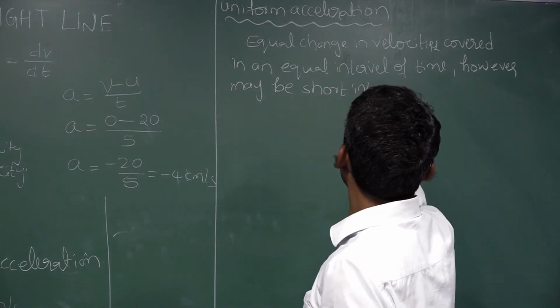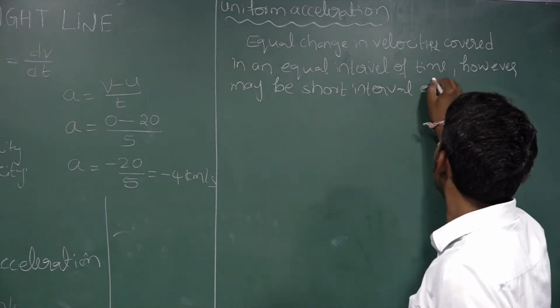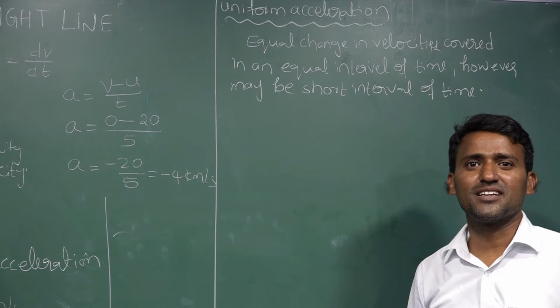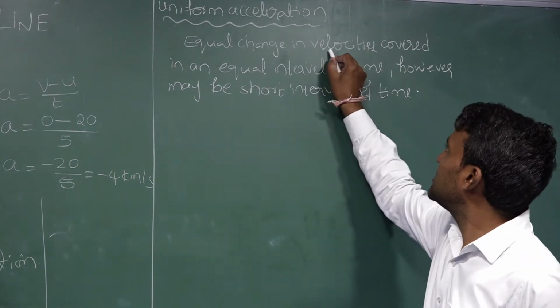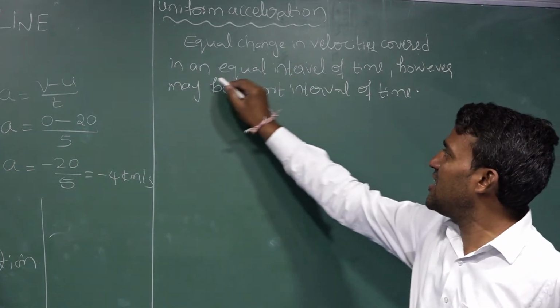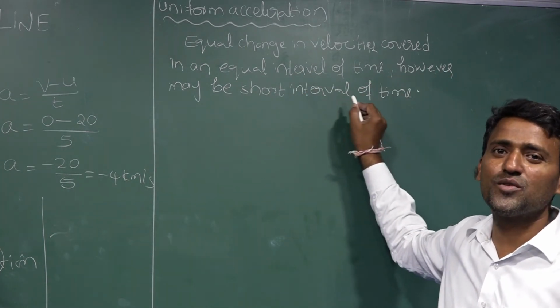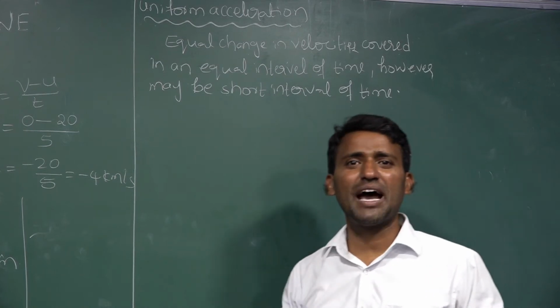I am writing the definition here. Equal change in velocities covered in an equal interval of time, however short the interval may be, is called uniform acceleration.